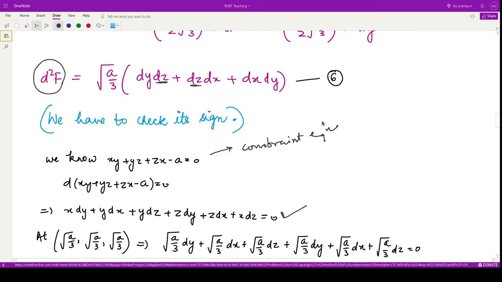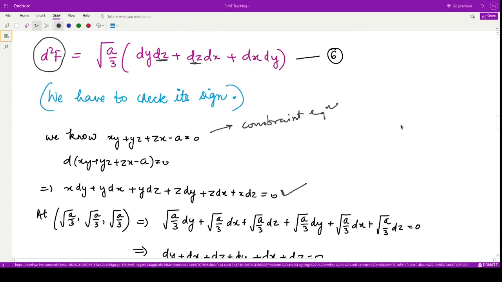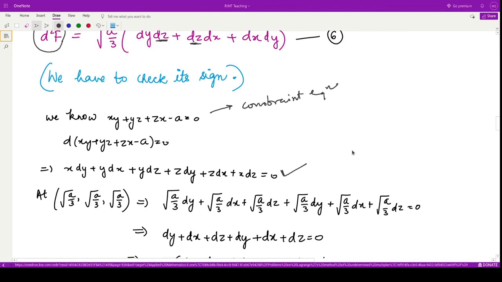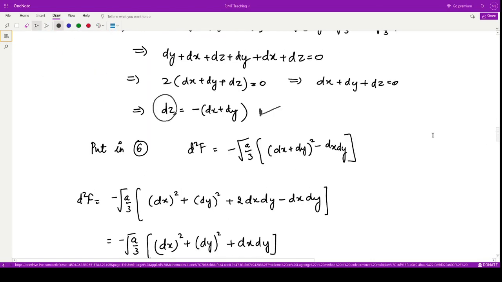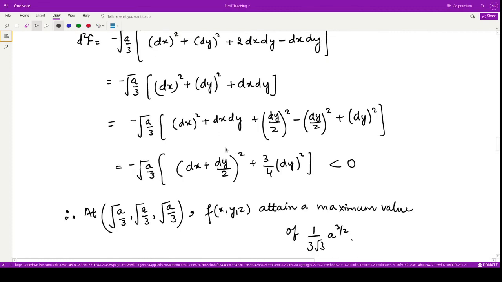Once you substitute the value, the next task is to simplify that expression so that we have squares of the given terms. Once you substitute the value, you have this quantity. Just a second.